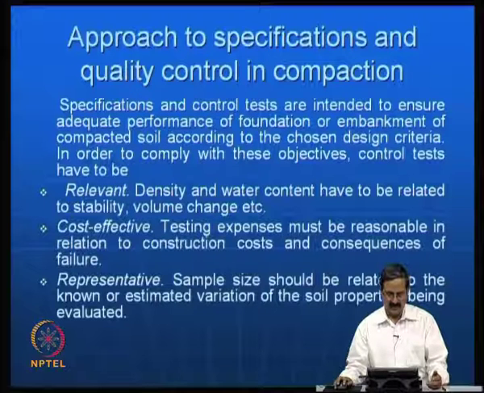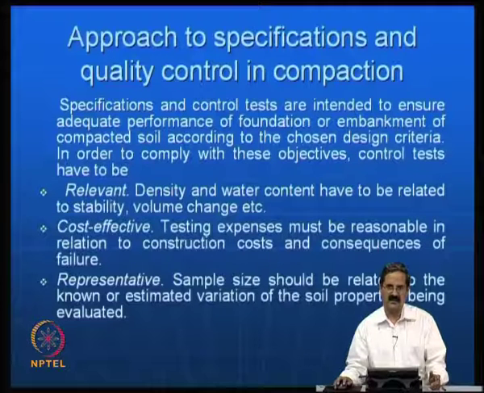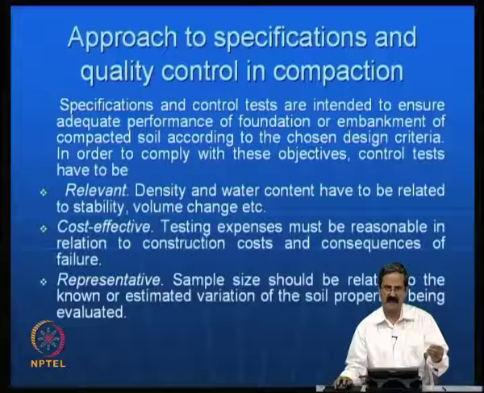Then the samples you test should be related to the purpose, and also to the estimated variation of the soil properties being evaluated. What I mean is that we have a particular laboratory test done, and the maximum bulk density is about 1.8 ton per meter cube.